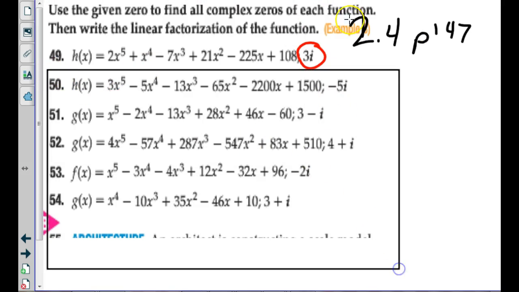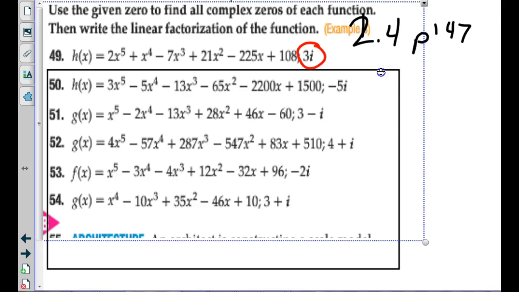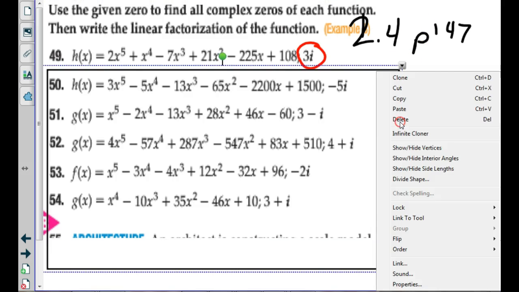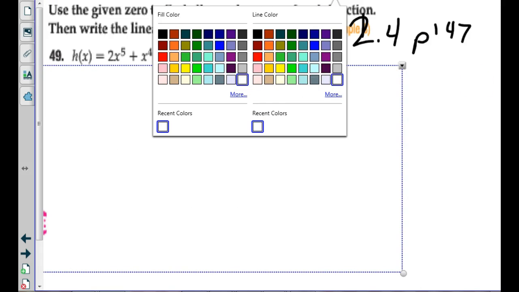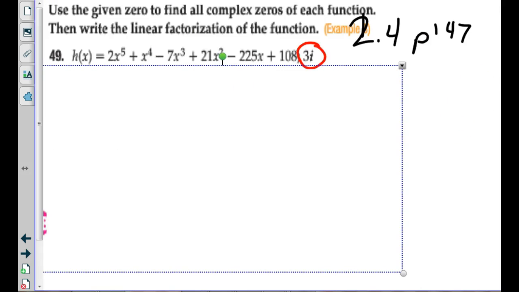All right, I'm going to show you some magic here. If 3i is a 0, what else is a 0, guys?